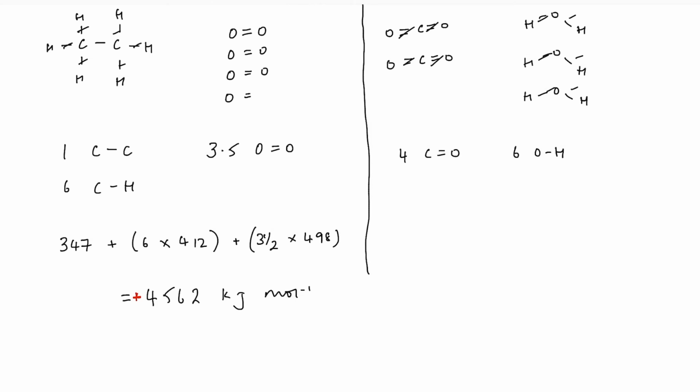So I'm going to need 4 lots of 805 for my C double bond O, and 6 lots of 464 for my OH, and extend that down. When I plug that into my calculator, it comes out to be 6,004. Now, making bonds releases energy.